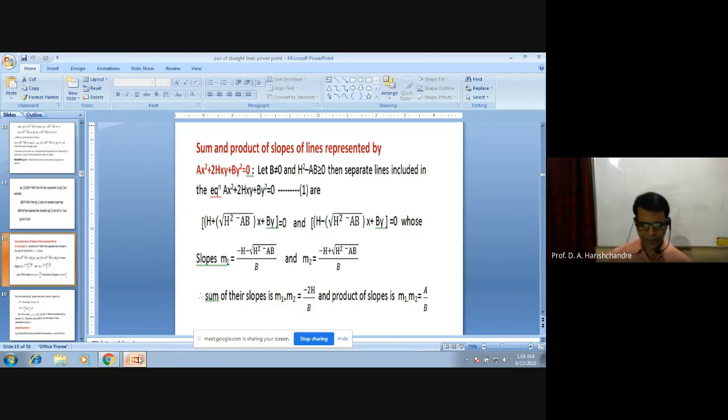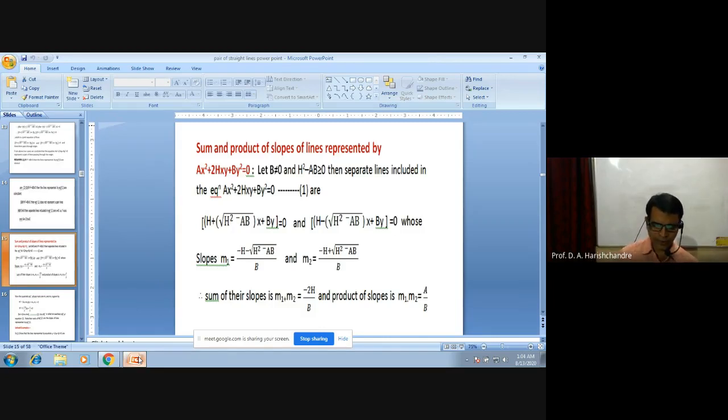Those two separate lines are: one of them is h plus root of h square minus ab into x plus by is equal to 0, and the second line is h minus root of h square minus ab into x plus by is equal to 0.